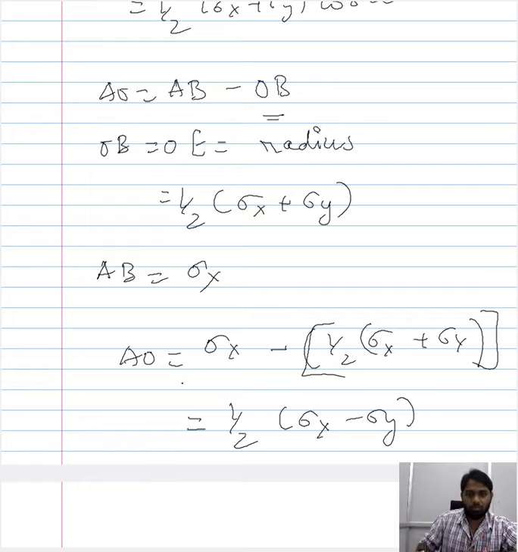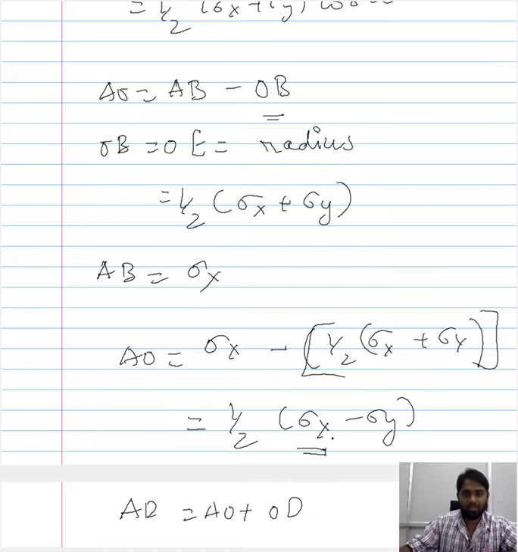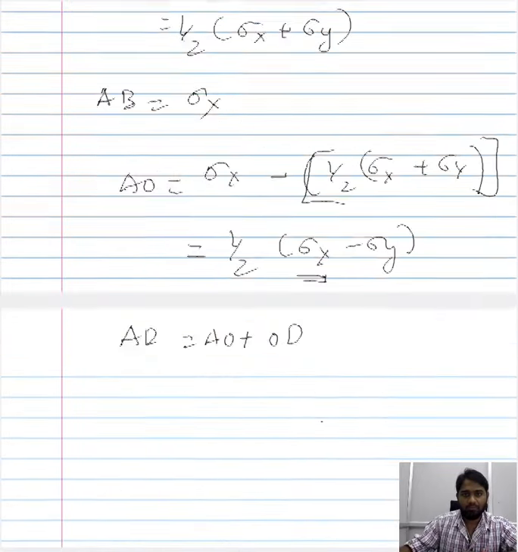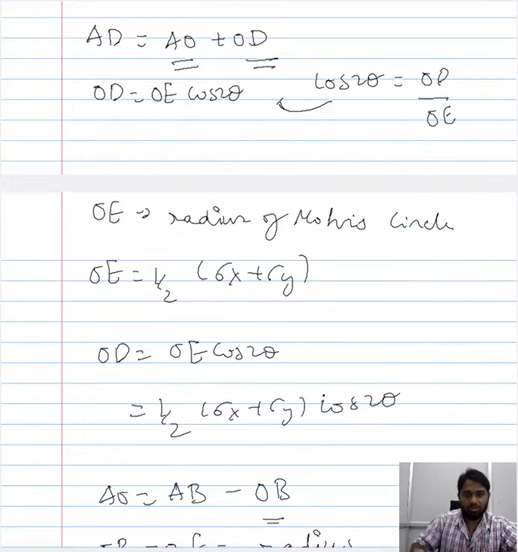Now we want to arrive at an expression for AD, that is nothing but AO plus OD. Here we have an expression for AO and we already have an expression for OD.